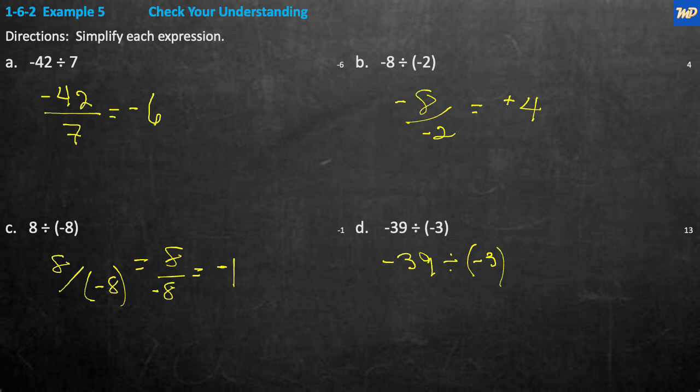Well, 39 divided by 3 is 13. Then the question is, how many negative signs are there? There are an even number of negative signs, we have 2. Both numbers are negative. So the answer here is positive 13. How's that?